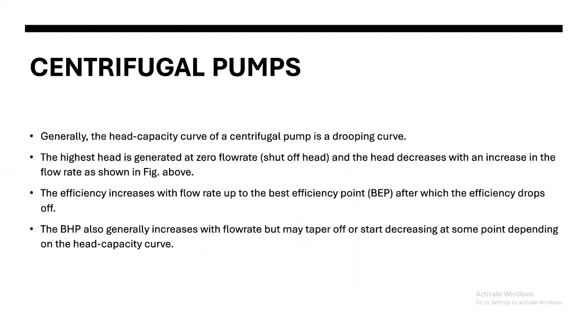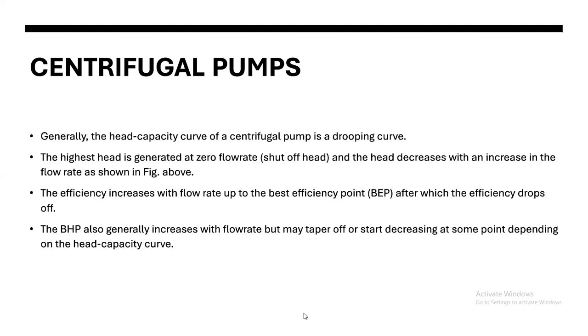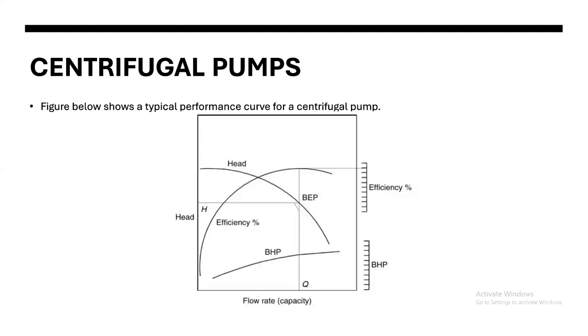Generally, the head capacity curve of a centrifugal pump is a dropping curve. You see, it's going down, which means the head decreases as your flow rate increases. The highest head is generated at zero flow rate, which we call shut-off head, and the head decreases with an increase in the flow rate as shown in the figure above.